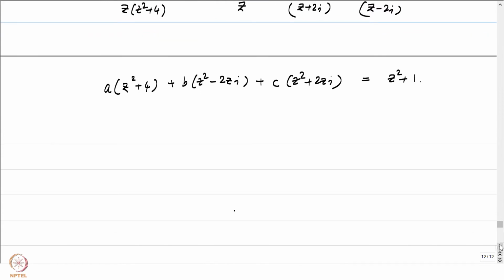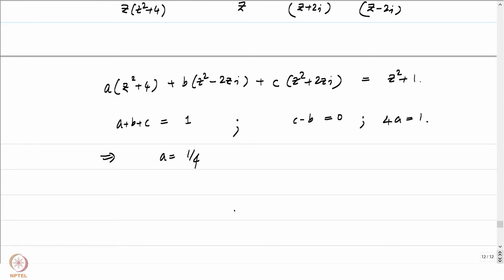Because of that, we can conclude that a + b + c = 1 from the z² coefficient, c − b = 0 from the z coefficient after throwing out the 2i, and finally 4a = 1.